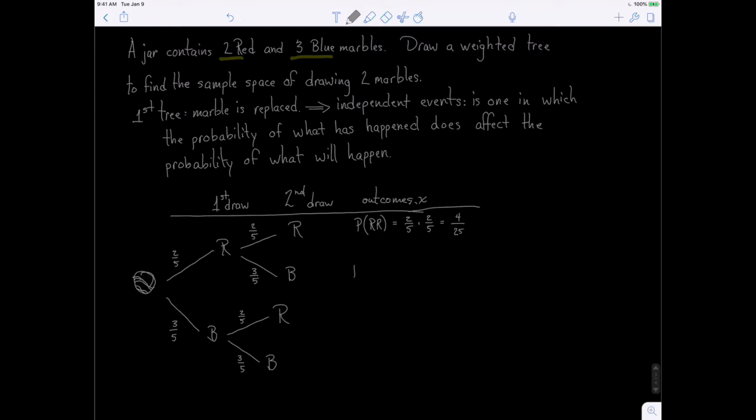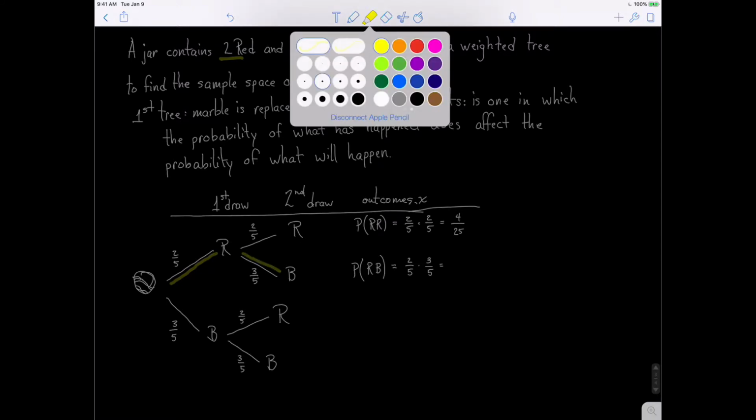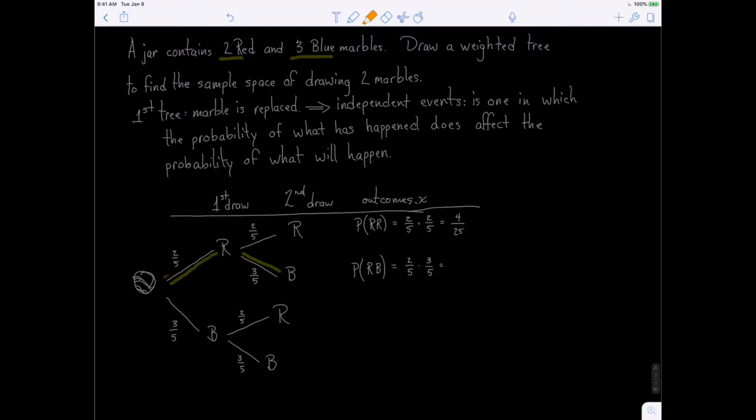The next outcome is probability of a red marble followed by a blue marble. Well, that's 2/5 times 3/5. And notice that on the second one, we first got a red, then we drew a blue. And on that first one, I should have done another color, was first drawing a red and then drawing another red. So if we finish this out, the probability of a red then a blue is 2 times 3, which is 6, and 5 times 5 is 25.